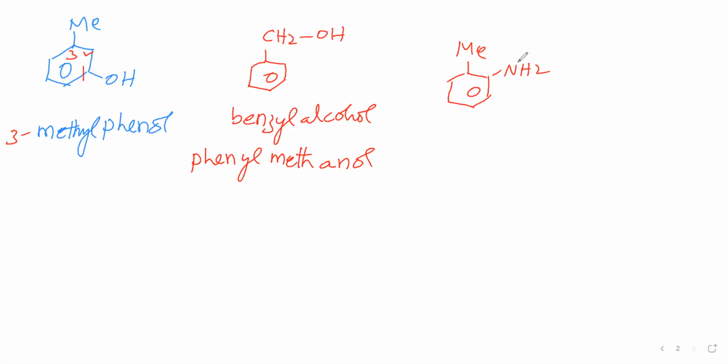Now this name we will say as, this phenyl ring with the NH2 can be called aniline. This phenyl ring with methyl can be called toluene.